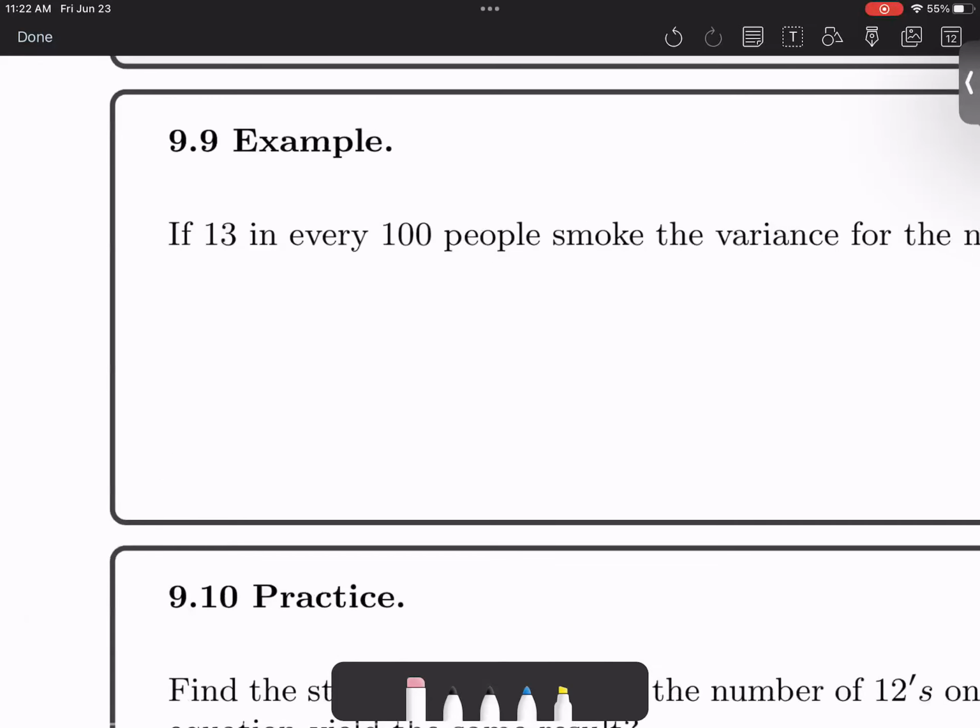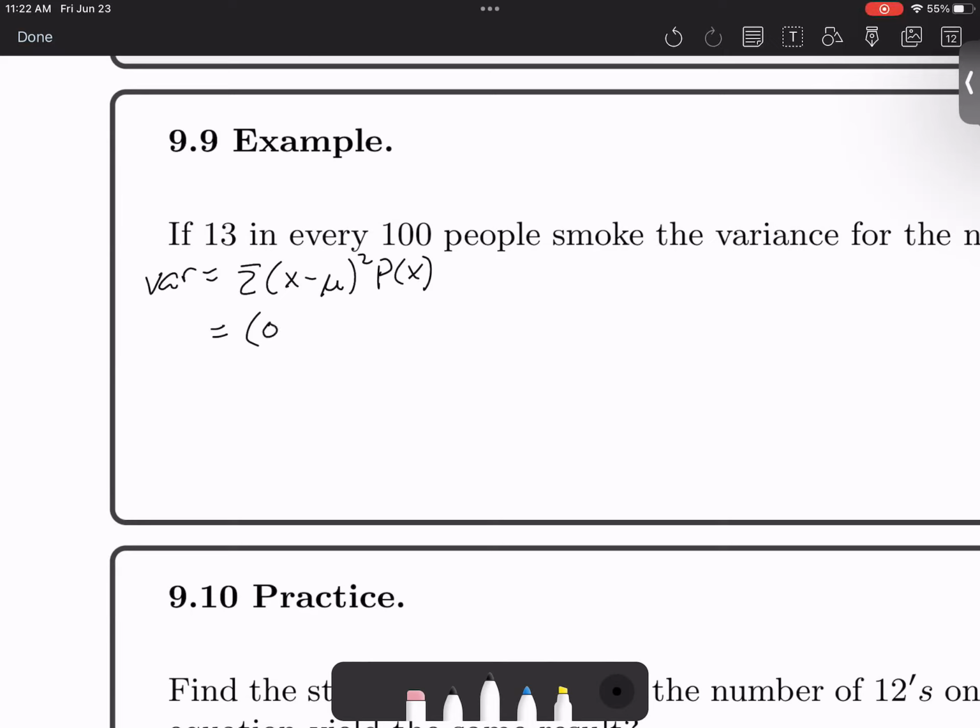So in general, let's remind ourselves of the variance of any probability distribution. It is the sum of the events possible minus the expected value, or the average, squared, and then weighted by the probability of that event occurring. So if we were to do this, we're counting the number of smokers.